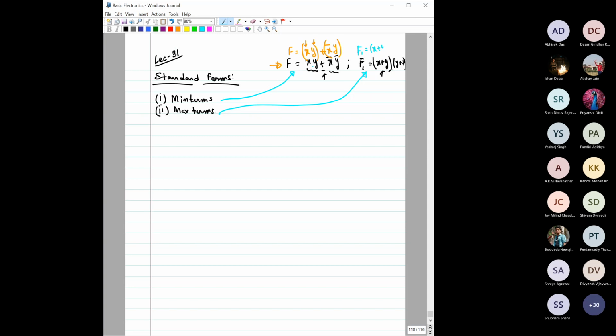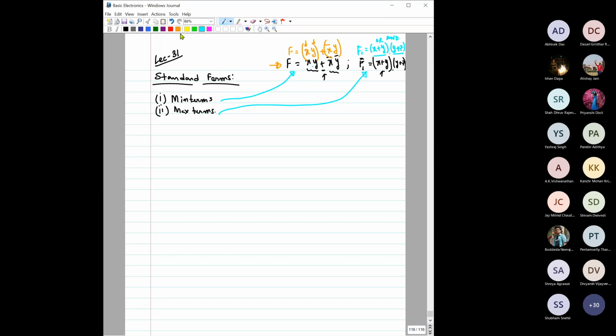First you do the OR operation between two literals, x plus y, and then a similar one, y plus z. These two are connected by an AND operation. So the OR is first, and then comes the AND.